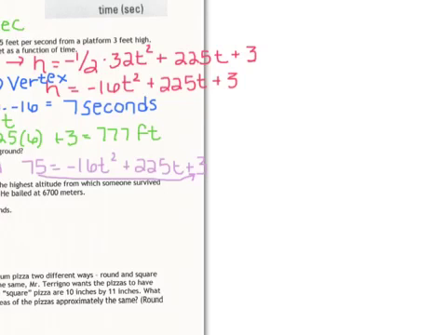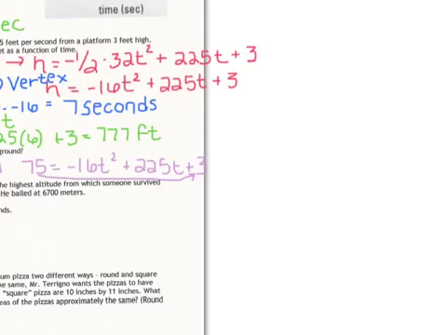And then on the bottom, 2 times negative 16 is negative 32. Here's where I'm going to split. And first I'm going to kind of shorten this up because it's not all going to fit. Negative 225 plus 214.5, okay, divided by negative 32.